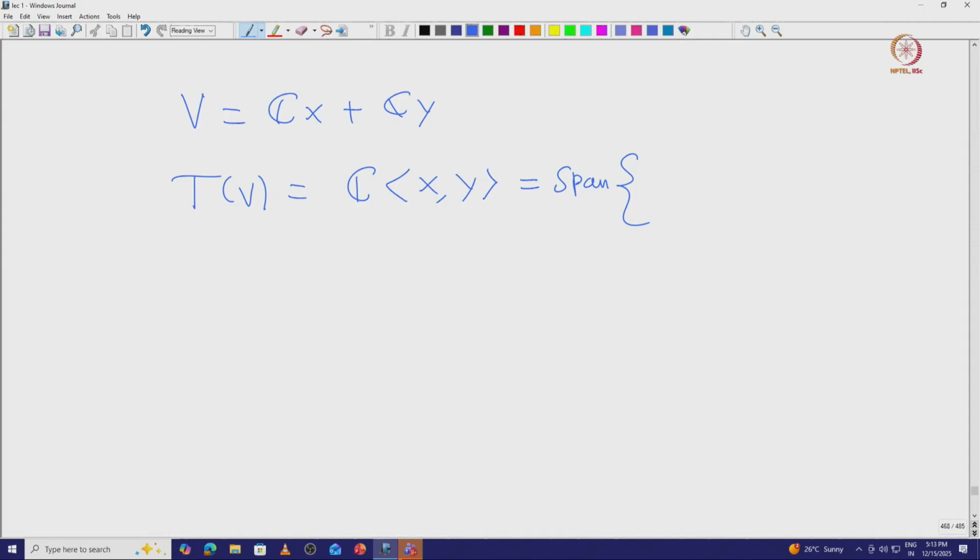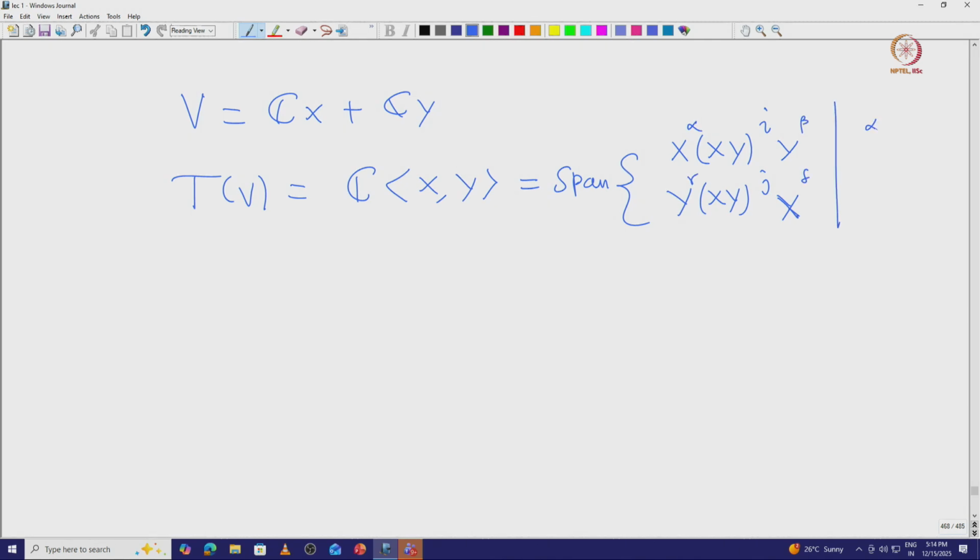So, then you will have all possibilities like x, (xy)^i, and then y, (xy)^j, maybe I can put y here and x here, with some alpha, beta, gamma, delta.